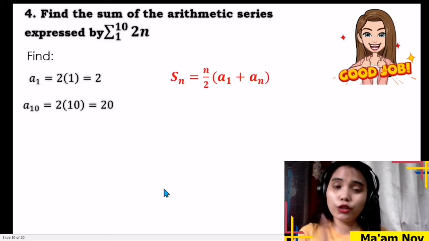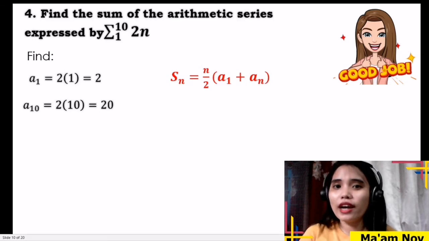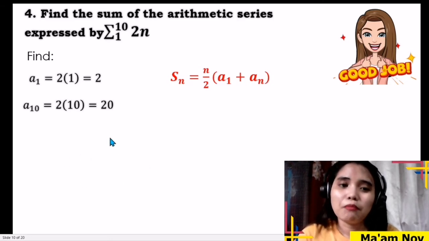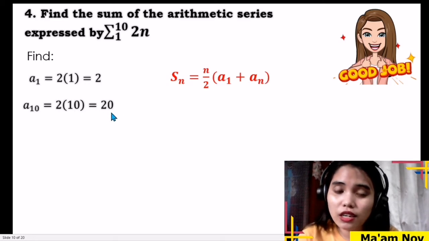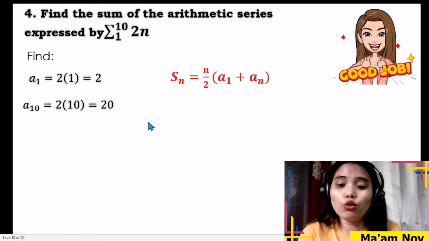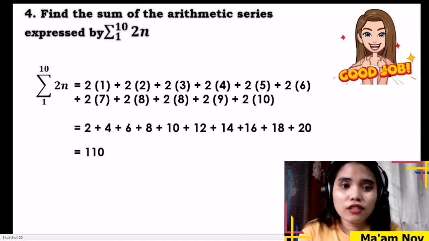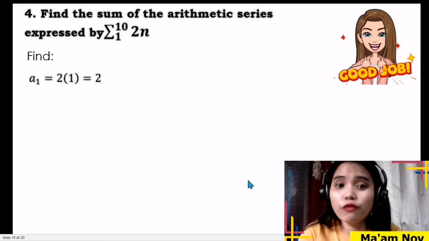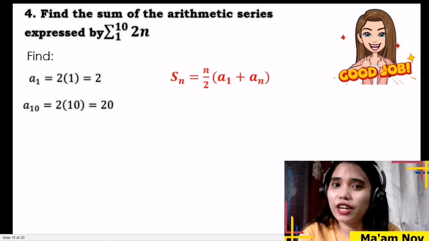After, we will use Formula 1. Why? Because the last term is given. We already have the last term, which is 20, and the first term, which is 2. So we don't need to follow the step where we multiply and then add. Using the formula makes it very easy.